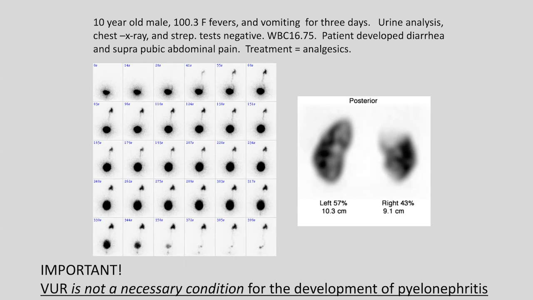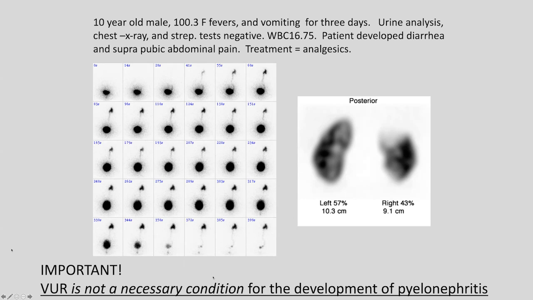The blood cell count was 16.75. The patient developed diarrhea and suprapubic abdominal pain, and was treated with analgesics. So clearly, this patient had pyelonephritis with reflux to the right kidney and the upper pole.